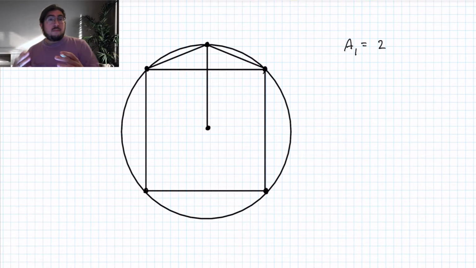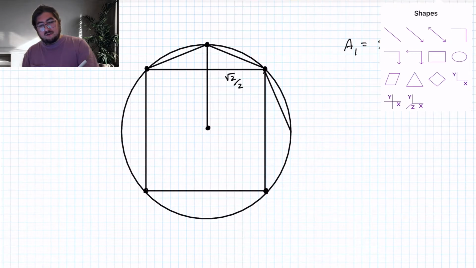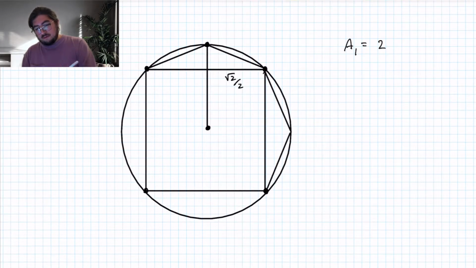Now, it's worth noting, remember that the side length of the square was radical 2, so the base of this triangle we get here is radical 2 over 2. So I'll actually show you by drawing it what the octagon more or less looks like, because it's kind of interesting to see. Okay.